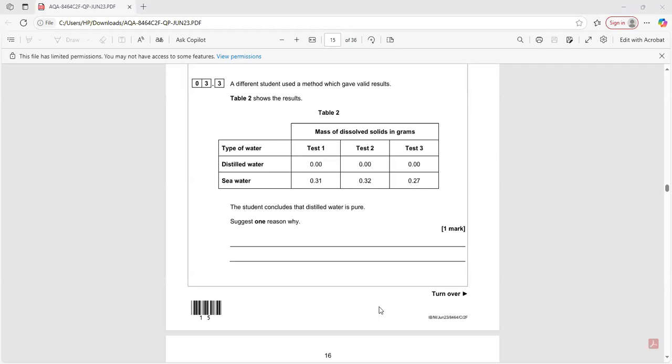So if it were the second one, to suggest one reason why the student came to that conclusion, we can see that the mass in grams for dissolved solids is 0 on each count. So that should be a sufficient reason. But let's see what the mark scheme says. What does it say there?